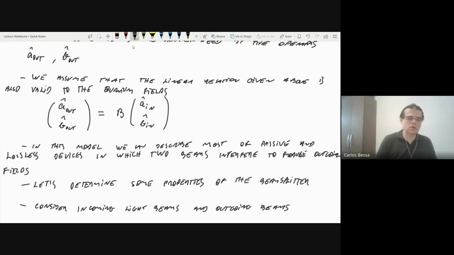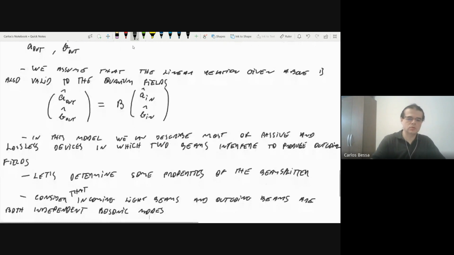Consider that the incoming light beams and outgoing beams are both independent bosonic modes. Bosonic because we are talking about photons, right? Bosonic modes.